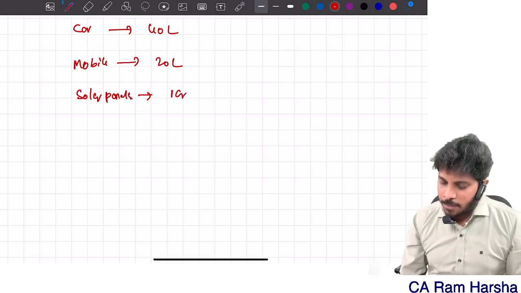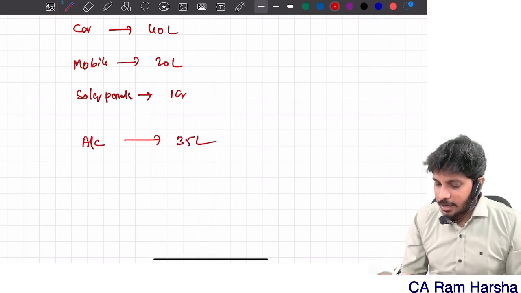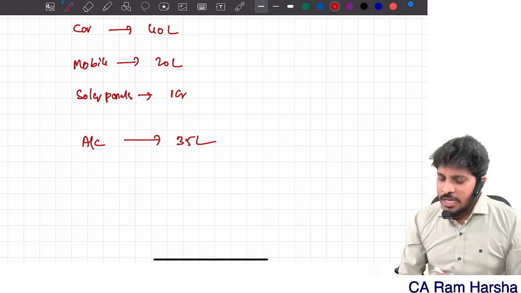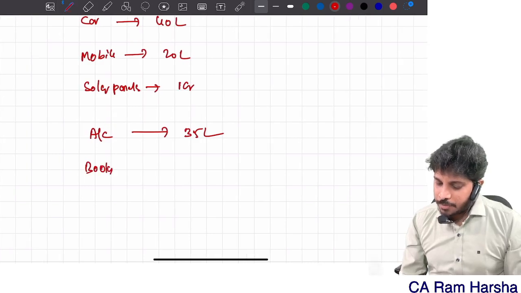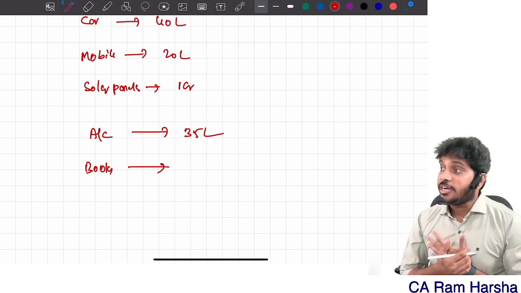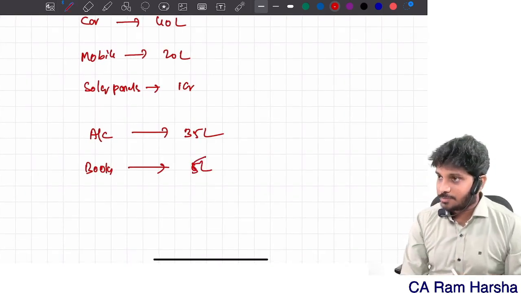Then we even purchased air conditioners for our office, approximately 35 lakh. Then books also we purchased, because our entity is a legal firm or an audit firm, approximately 5 lakh worth of books.